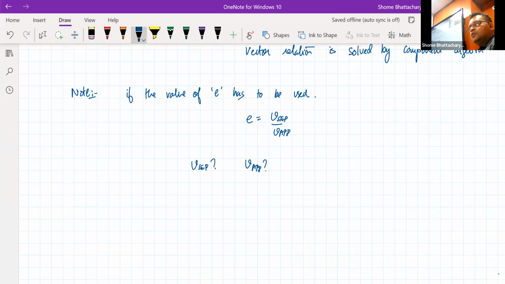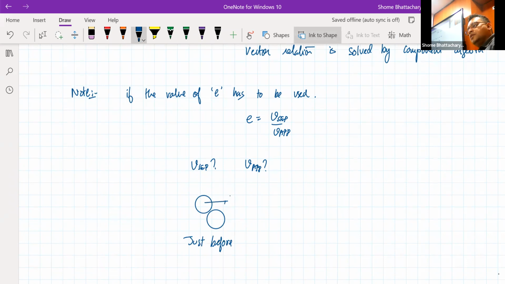Let's understand that. If you look at the situation just before impact, these two bodies are here just before impact, and let's say their velocities are something like this.